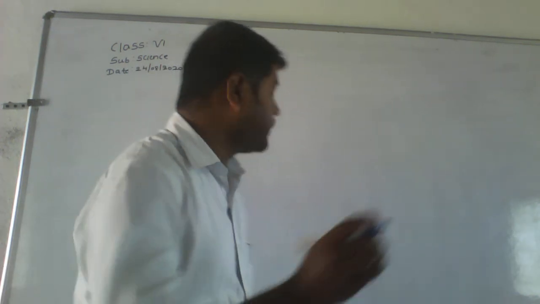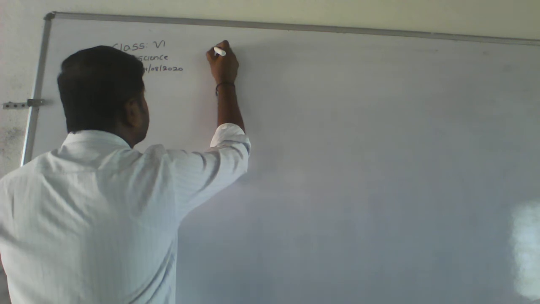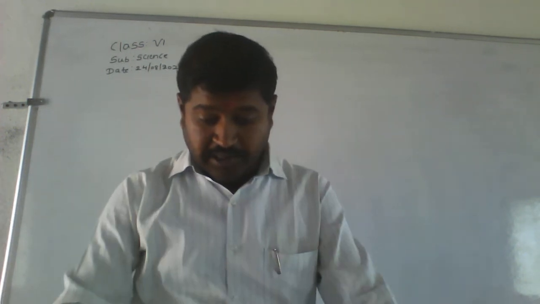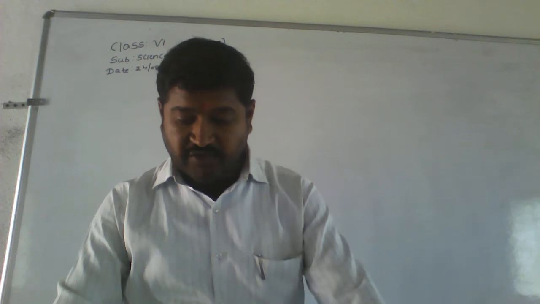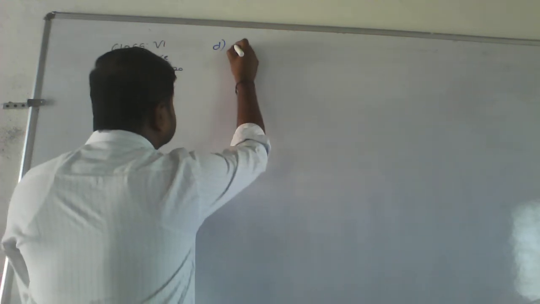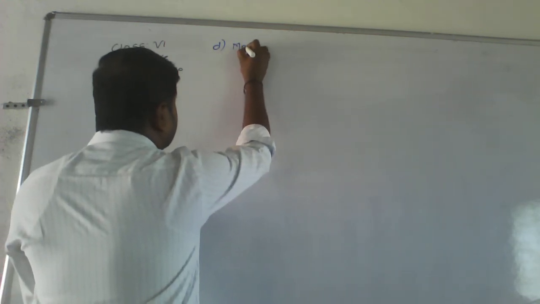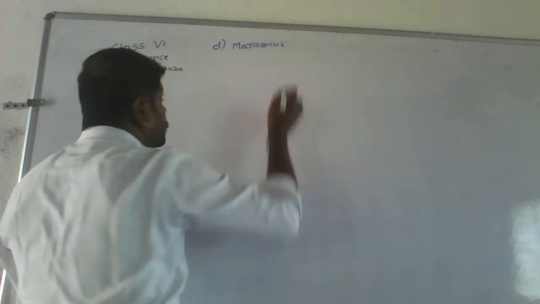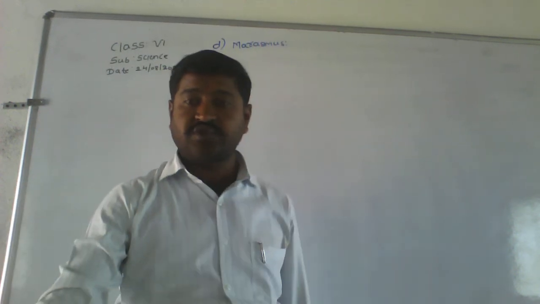Then question number D. What is that? List the symptoms of a child suffering from marasmus and kwashiorkor. First we'll be writing symptoms of marasmus. What are the symptoms if a child suffers from marasmus?